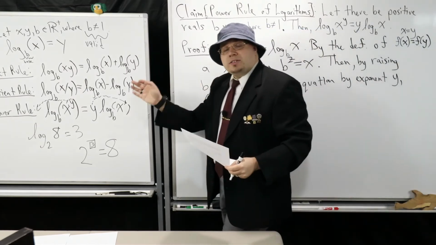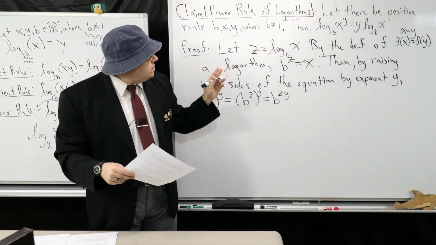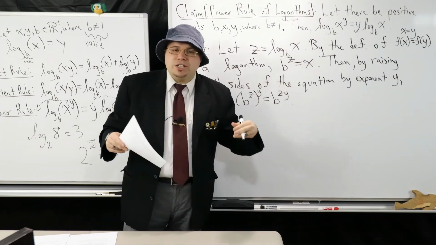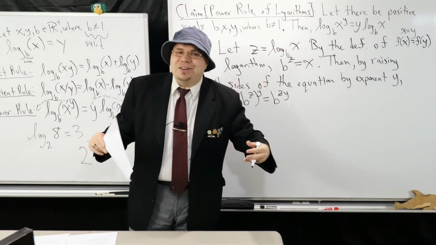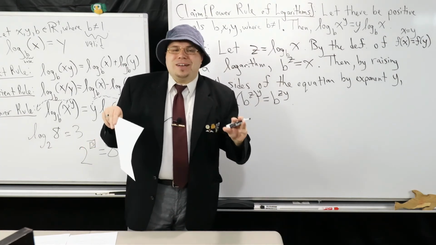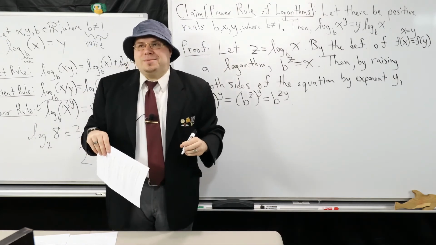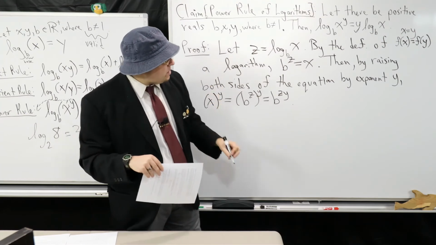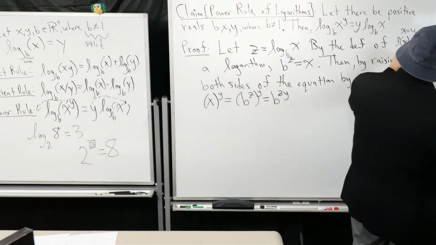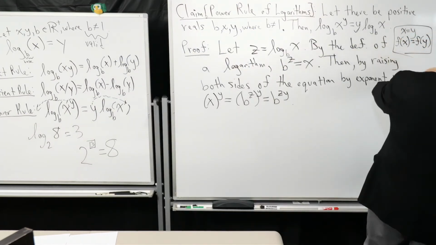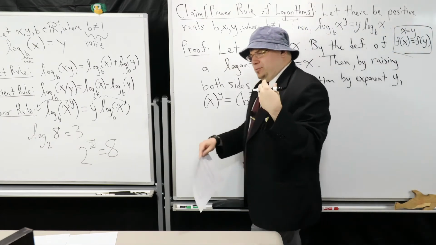So when I raise both sides to the exponent y, you've got to imagine it like I've created another function, and since I know those two sides are equal, they must in fact be equal when I raise them by the same exponent. If you want more details about this, just check the notes. I have a little bit more detail about what a function is and what I mean by this.